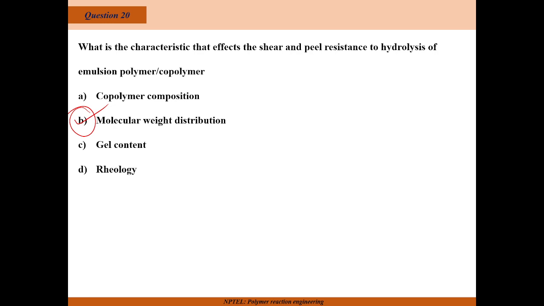On the other hand, where the molecular weight is higher, there are multiple bonds, so the total bond strength would be higher in that area. So that uneven molecular weight distribution can lead to shear hydrolysis. So the answer to this question is molecular weight distribution.